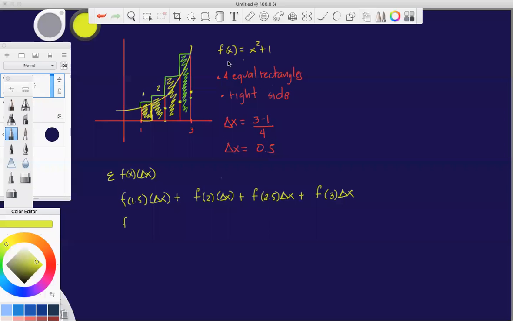Let us now, again, we're still using the function x squared plus 1. So 1.5 squared, let me just rewrite this. We're just going to factor out our delta x. What's going to be 1.5 squared, guys, plus 1? 3.25. So you'll have 3.25 plus, for the f of 2, that will give us a value of 5.